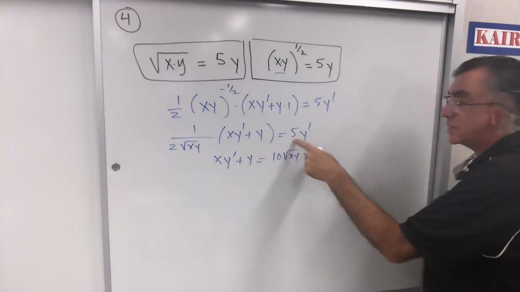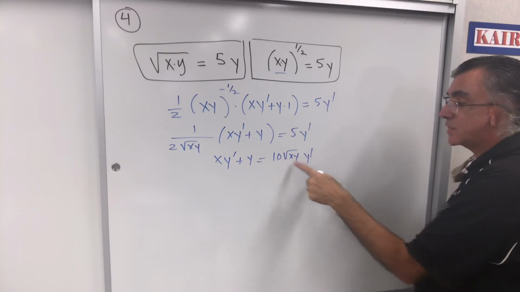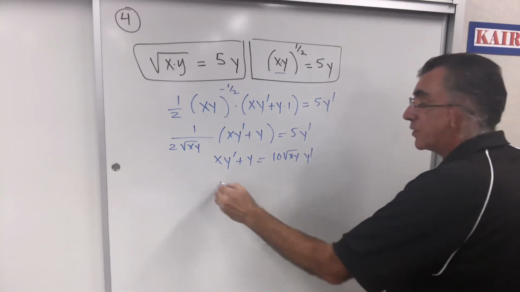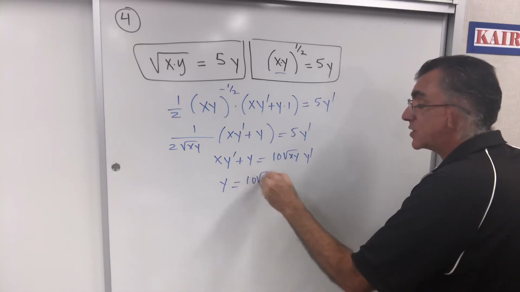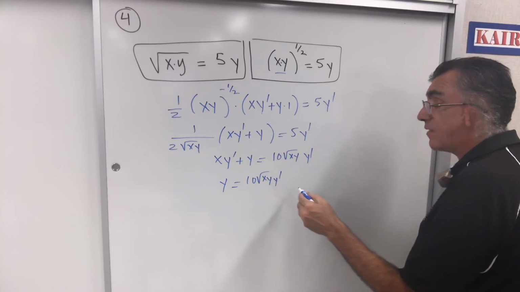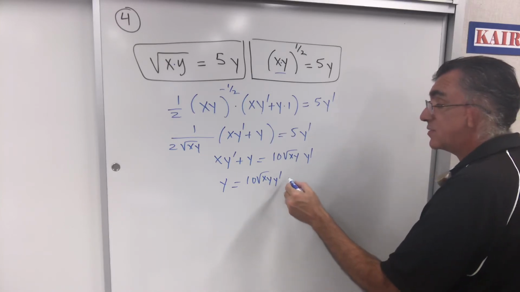If you bring this over to the other side, you get 10 square root of xy times y prime, and then bring the y prime over. Now it's like all the other questions. What am I getting at here? Don't futz around with the fraction. Guys, don't mess with the fraction.